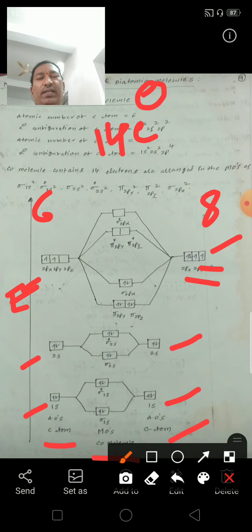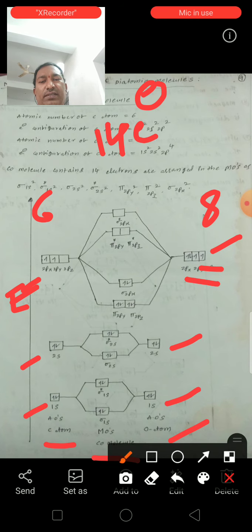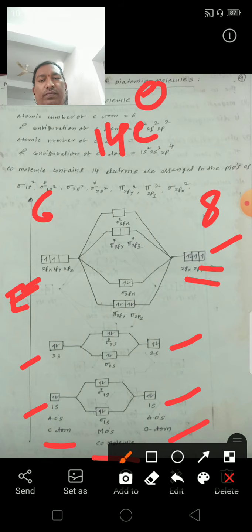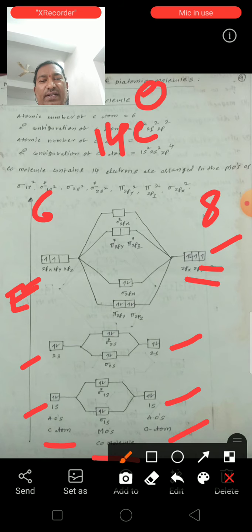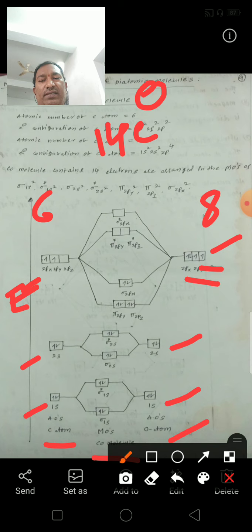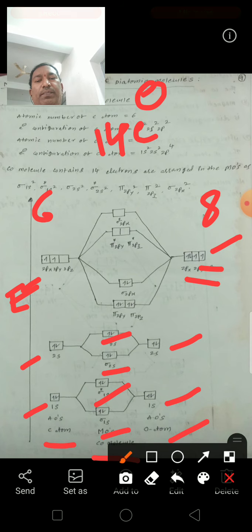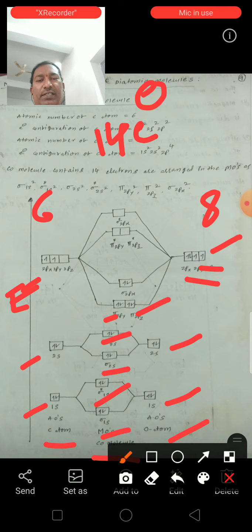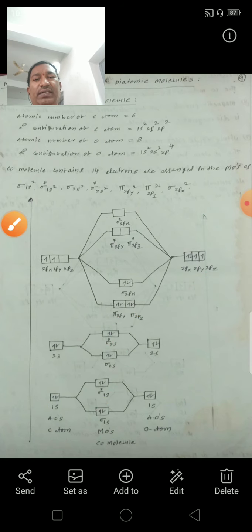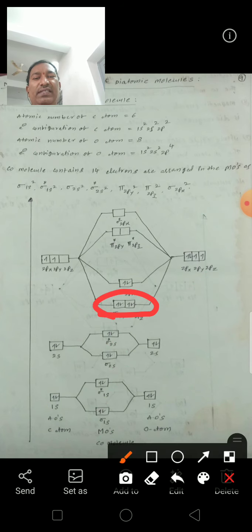We have to fill these 14 electrons in the molecular orbitals from low energy to higher energy. So 2 electrons in the sigma 1s orbital, 2 in sigma star 1s, 2 in sigma 2s, 2 in sigma star 2s, 2 in pi 2py, and 2 in pi 2pz. The pi 2py and pi 2pz orbitals have the same energy.